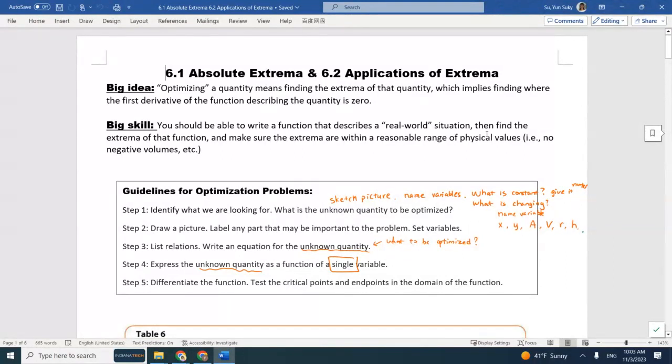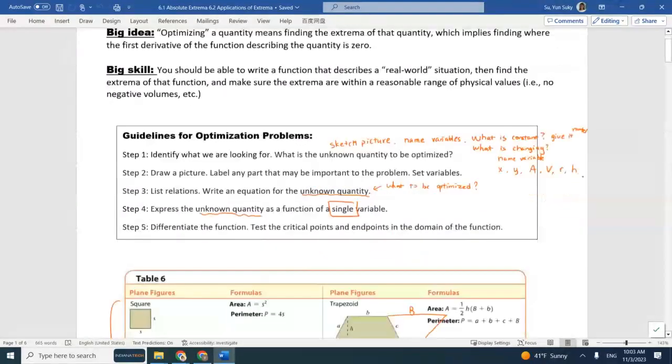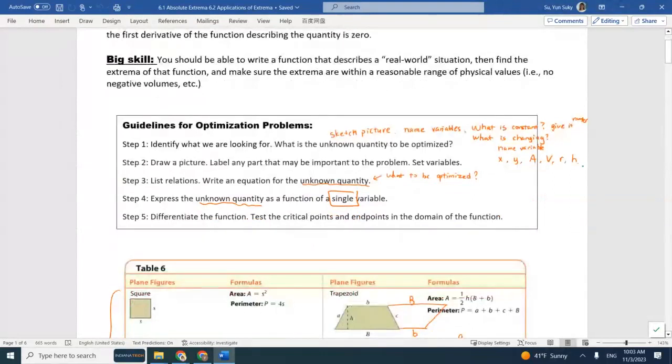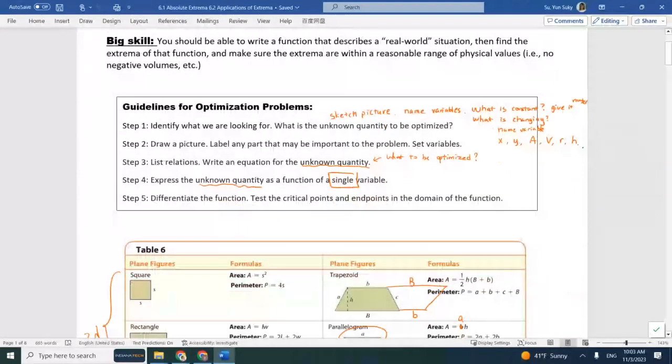You can name x for horizontal distance, y for vertical distance, A for area, V for volume, R for radius, H for height. Step 3, you want to list relations and express the unknown quantity that you want to optimize as a function of a single variable.